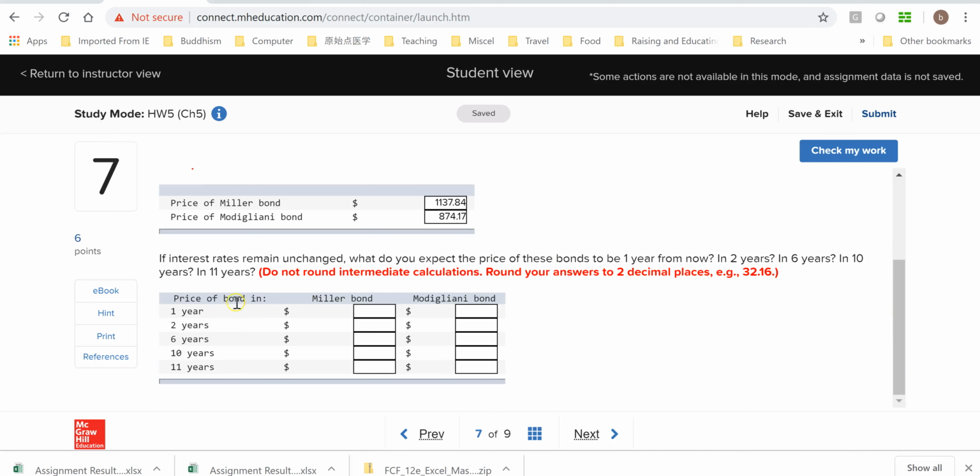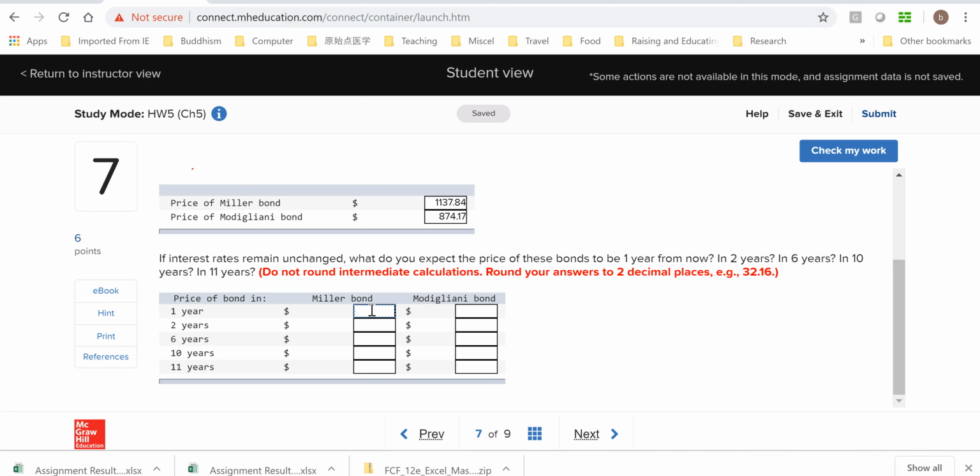Let's continue. If interest rates remain unchanged, what do you expect the price of these bonds to be 1 year from now, in 2 years, 6 years, 10 years, and 11 years? Here we need to do 5 more calculations for each bond. The calculations will be similar to what we have done so far, but we just need to change some information.